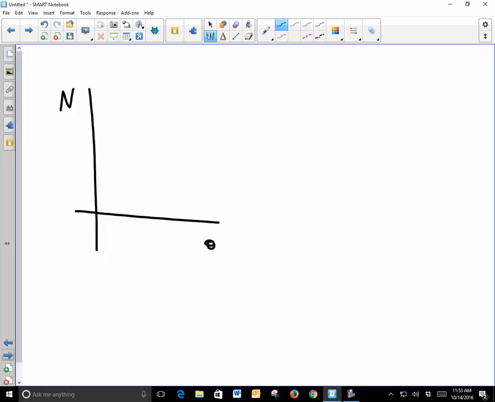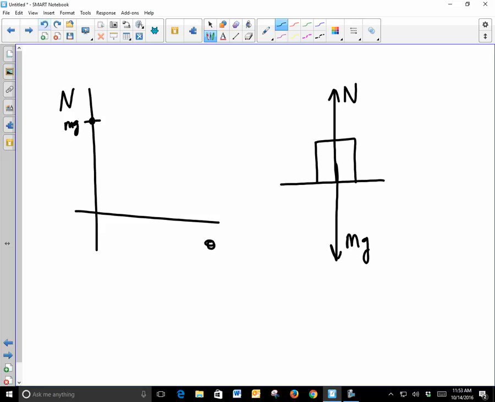And we looked at this graph, what happens to the normal force as the angle increases. Normal force is very, very big, right? On a flat surface, normal force is big. In fact, on a flat surface, it would have a value of mg.